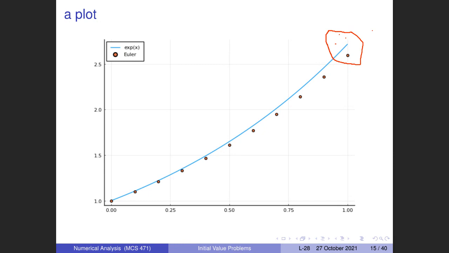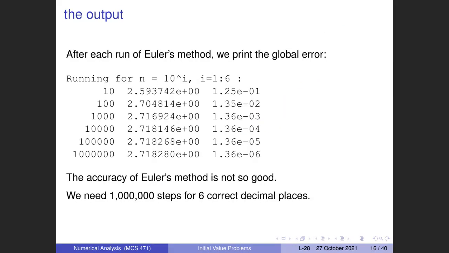Well, we haven't done that much work. Let's do a little bit more work. All right, we run this for 10, 100, 1000, and we each time print the global error. So we don't run the method in verbose mode, we only print the error at the end. 1 million steps, 6 decimal places. So not so good. We need 1 million steps for 6 decimal places.